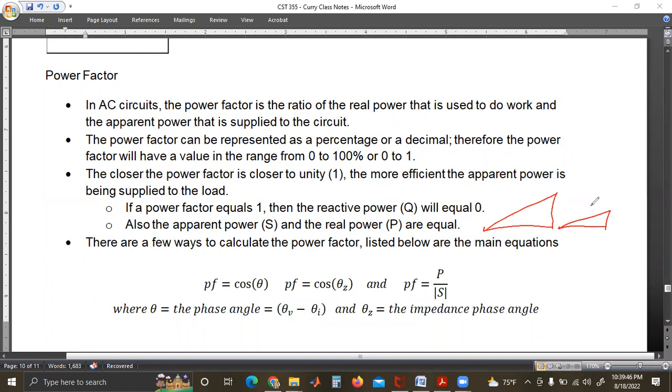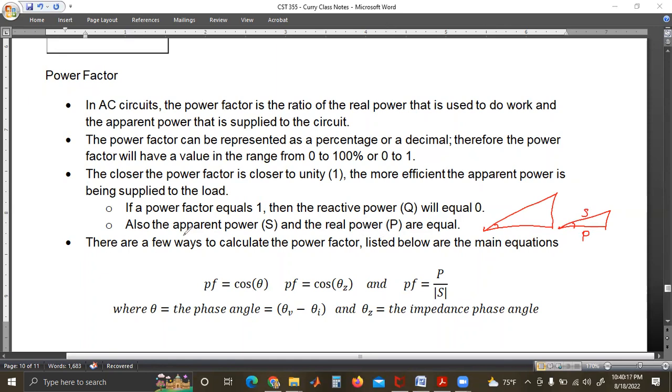As you can see, as the phase angle gets smaller and smaller, the apparent power that's being supplied to the load starts to equal more and more like the real power. All right, so I hope that makes sense.